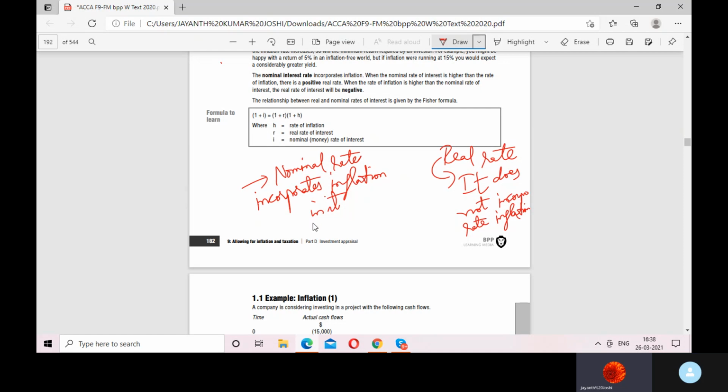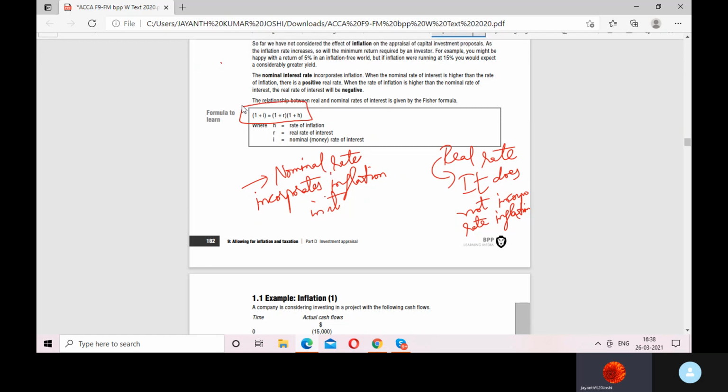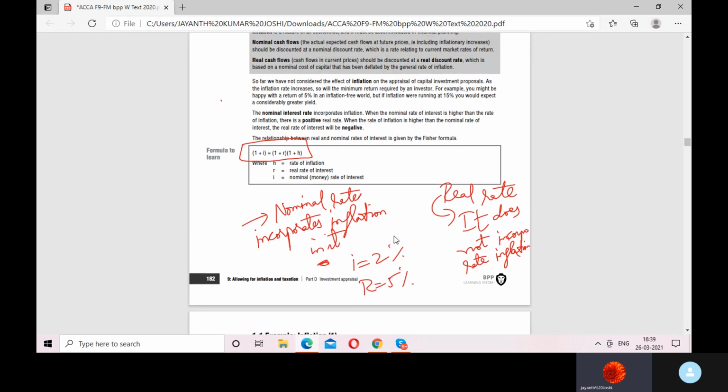If I want, I can explain this formula, but before explaining it I want to make the concept easier for you. Suppose the inflation is 2% in the market and the real rate is 5%. Real rate is nothing but, in reality, what the rate is right now, without considering this additional factor called inflation.